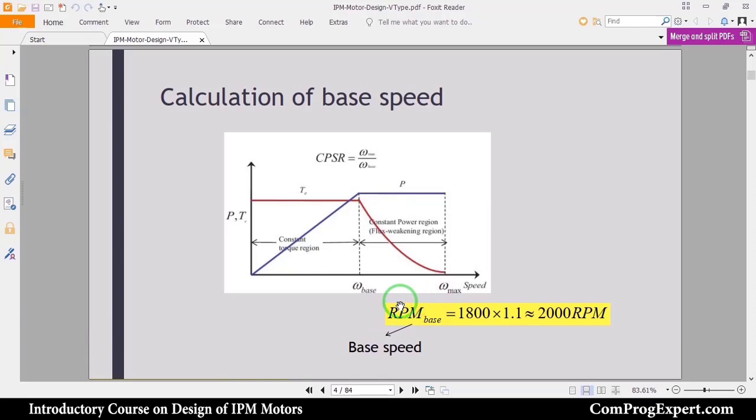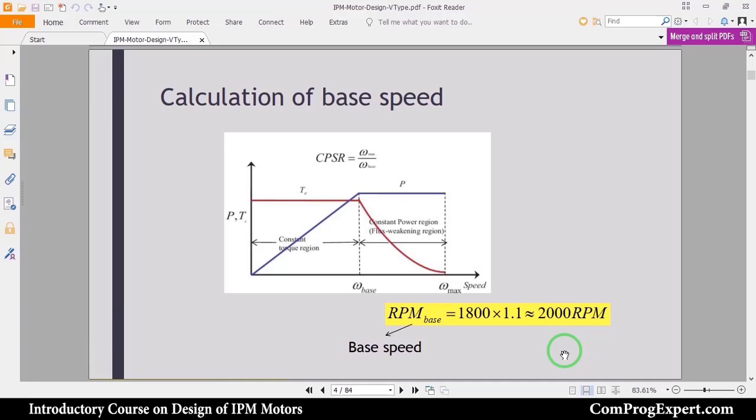The constant power region, also known as the flux weakening region, because in this region we need to reduce the motor flux because of the reduction of induced voltage in phases.